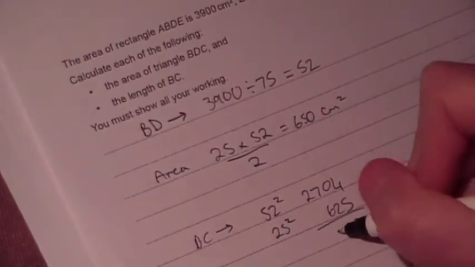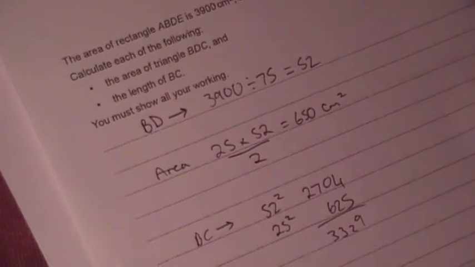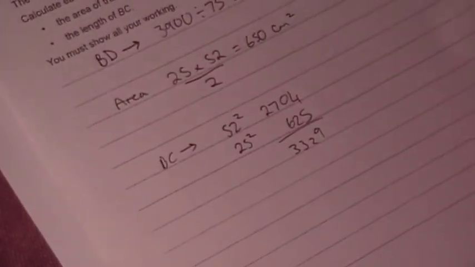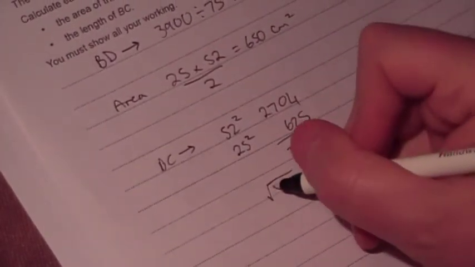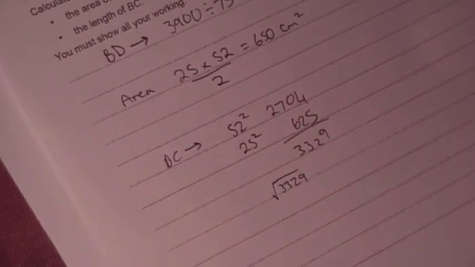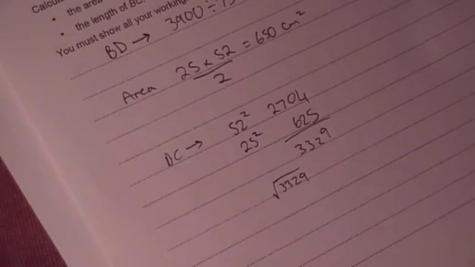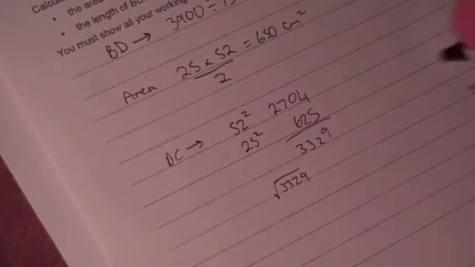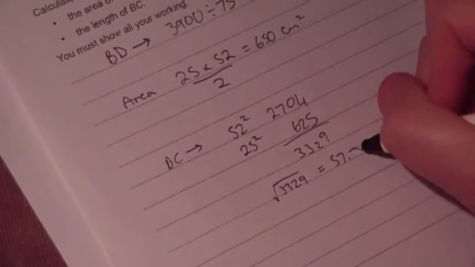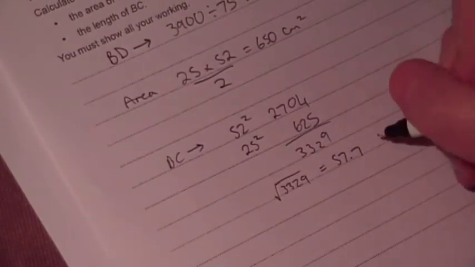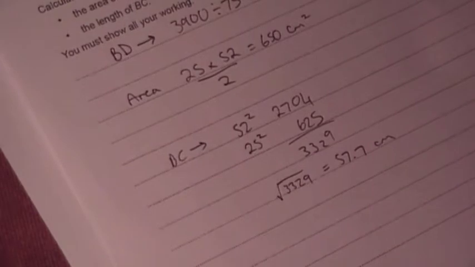Add these two together and we get 3329, adding because we're finding the hypotenuse. If we take the square root of 3329, we get the answer we're looking for. A big decimal, 57.7 will be a sufficient rounding. 57.7 centimeters.